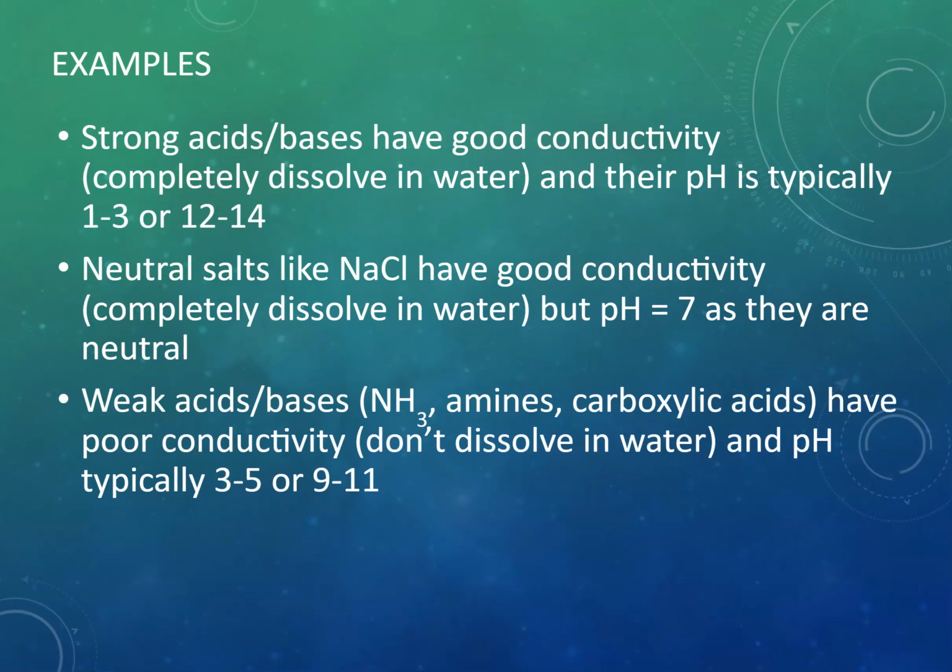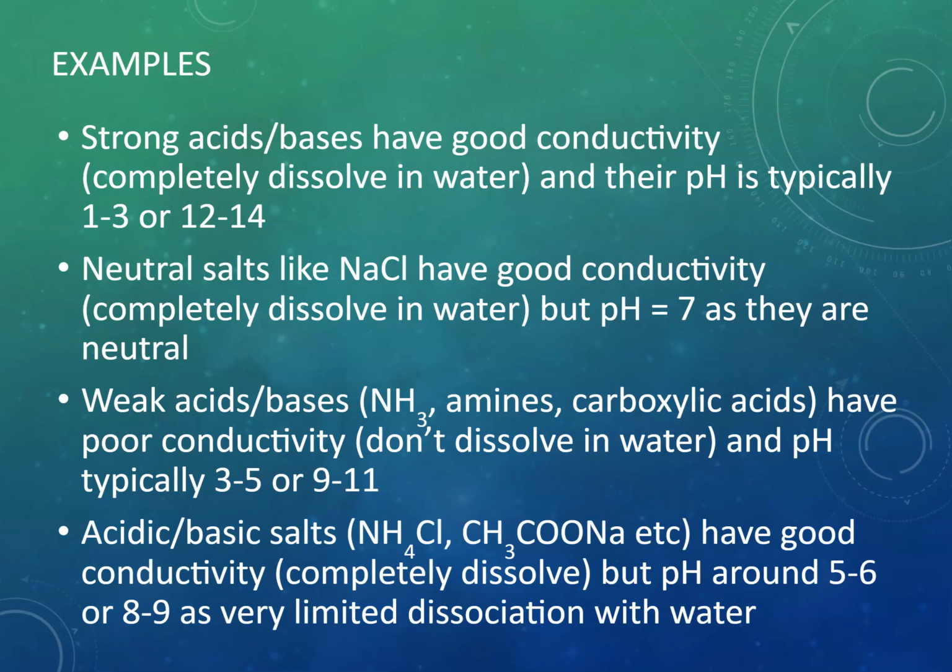Only a very small amount of it reacts with the water to form ions. Depending on their concentration, pH is in that not particularly high or low range. It's a wee way away from neutral, but it's not that far away from neutral. Having said that, it does depend on concentration.